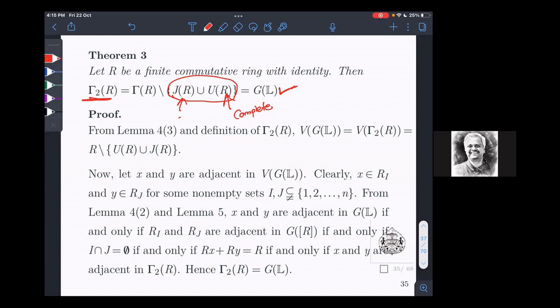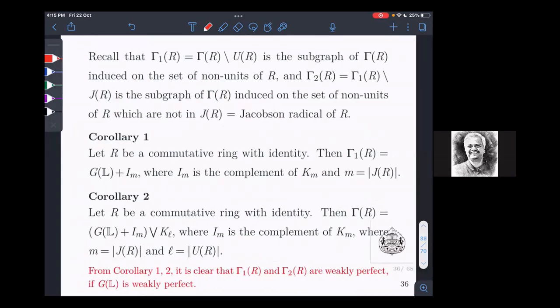But initially, if you look at the definition given by Sharma and Bhatwadekar, this gamma 2 was not there. It was gamma R. So how to construct gamma R from gamma 2 R? That is the question. Essentially, gamma 1 means throwing out only units from gamma.